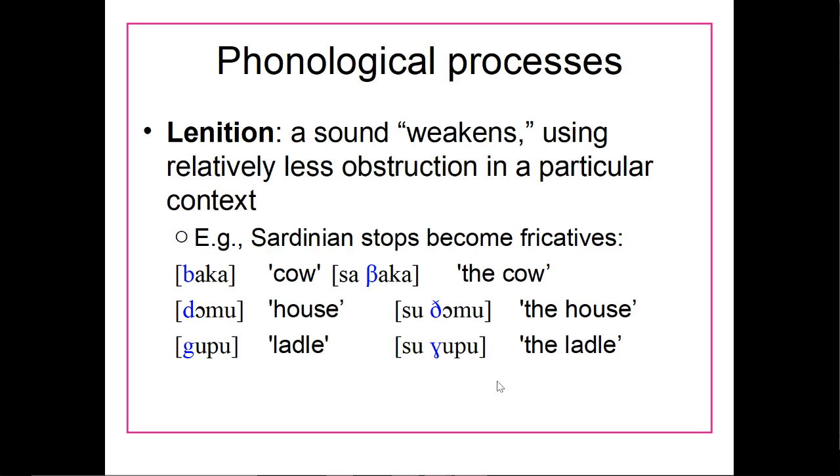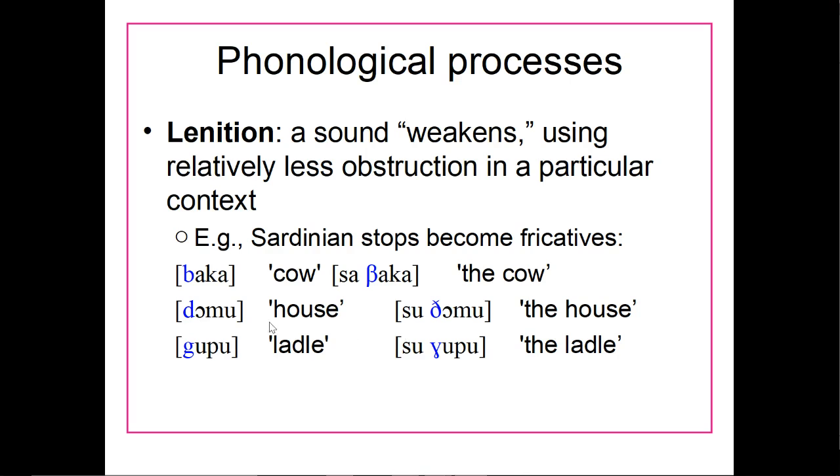So some examples are the Sardinian word baka, which means cow. It becomes sa vaca, so basically a bilabial fricative, which we don't really have in English. So we have a stop becoming a fricative. We also see this in their word for house, which is domu, and when they have the word for "the" before it, the d becomes a fricative.